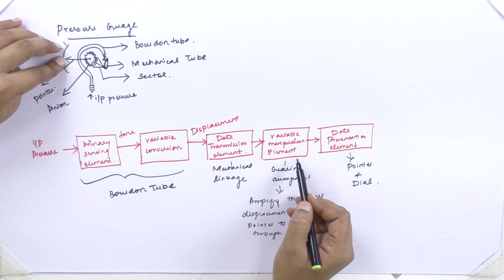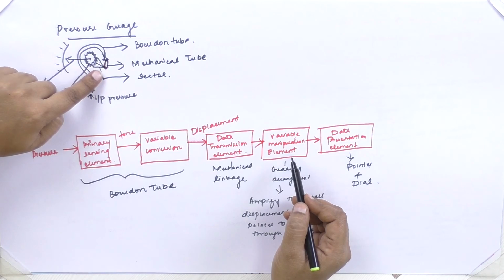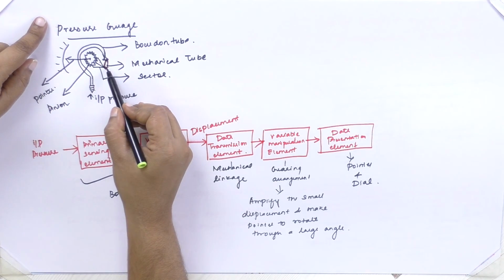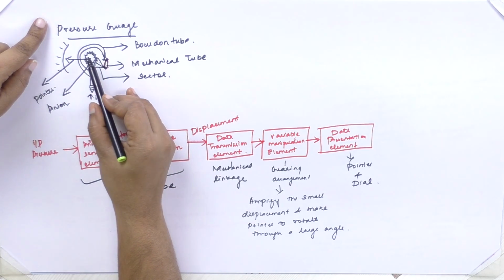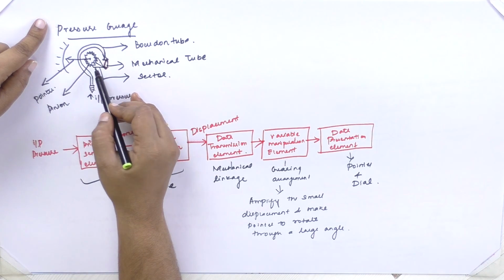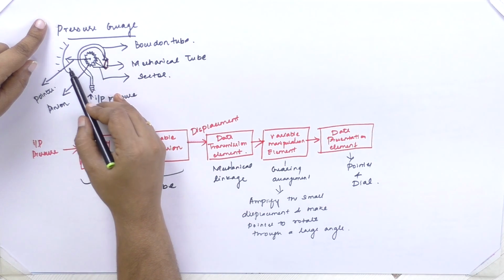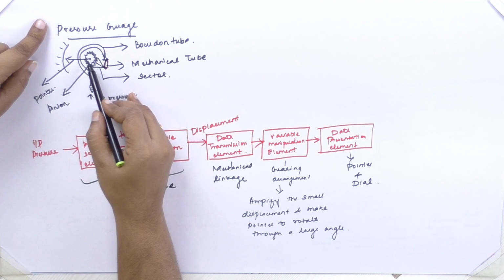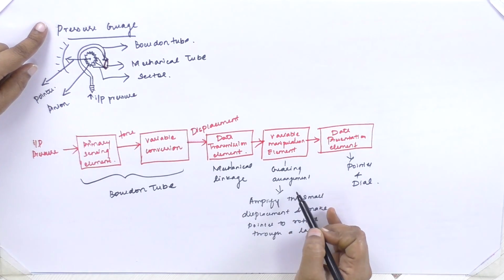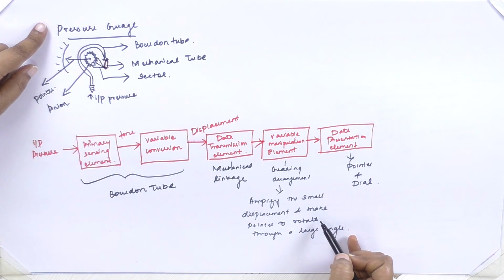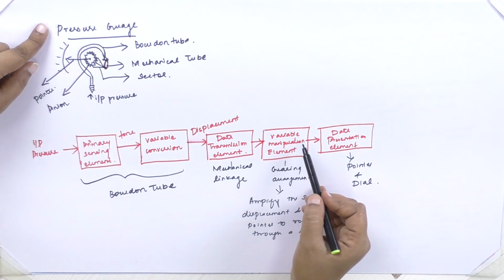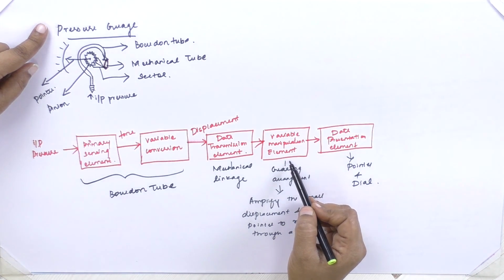And the next element will be the variable manipulation element, because the displacement of this mechanical linkage is amplified into a large angle, so that the pointer rotates with the help of this gearing mechanism. The gearing mechanism, which amplifies the small displacement and makes the pointer rotate through a large angle, acts as the variable manipulation element.